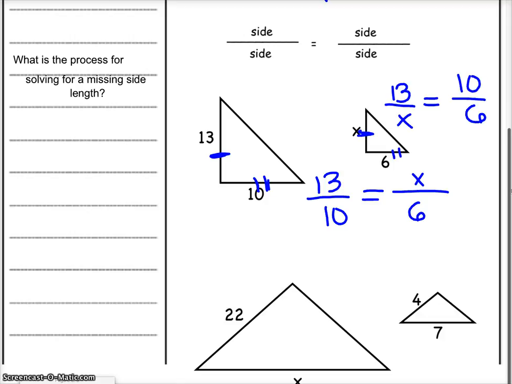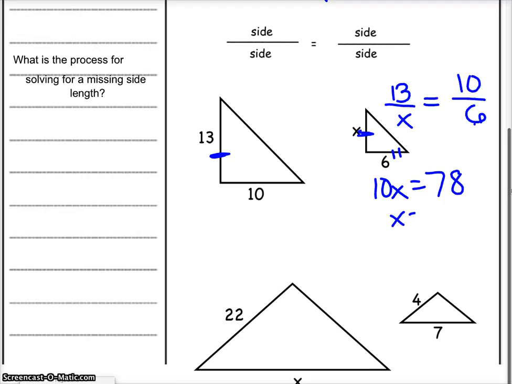It's still 10x equals 13 times 6. It's all equivalent. Some kids could set it up like 10 is to 13 as 6 is to x. Or x is to 13 as 6 is to 10. There are so many ways to set it up. You choose the best method for you. Okay? Well, now we should actually find it, huh? 10x equals 78. x is 7.8.